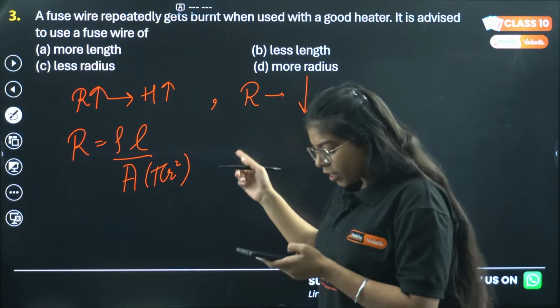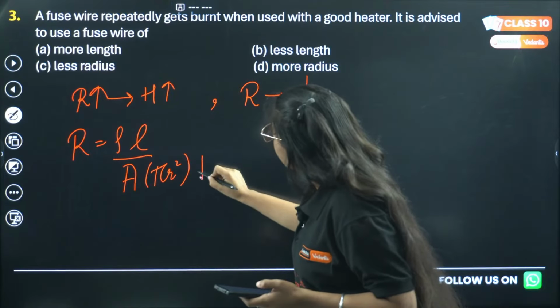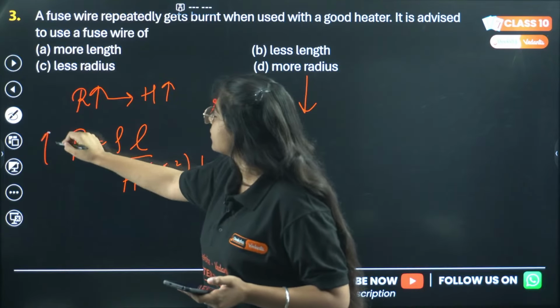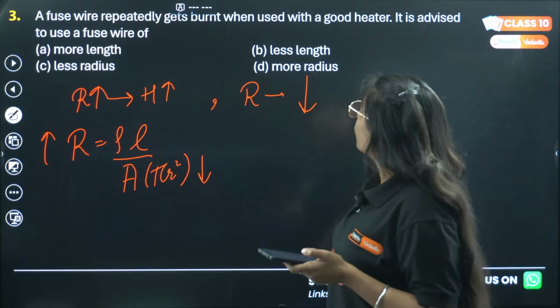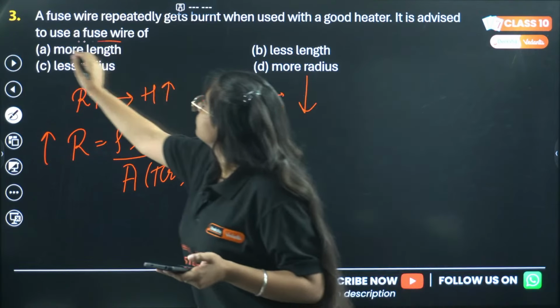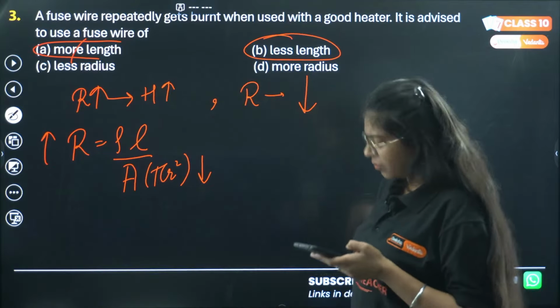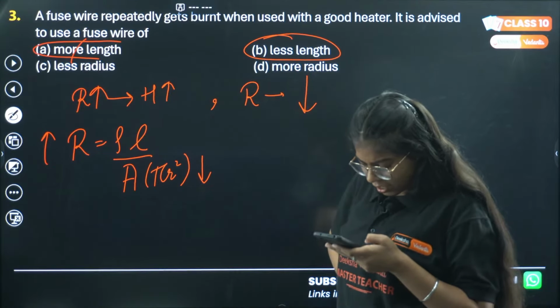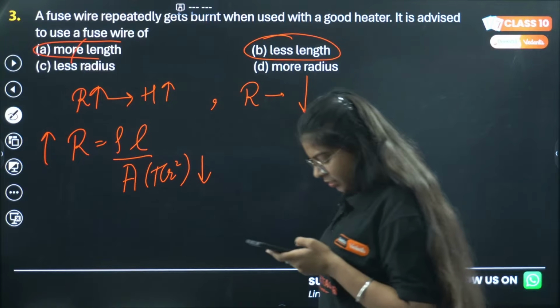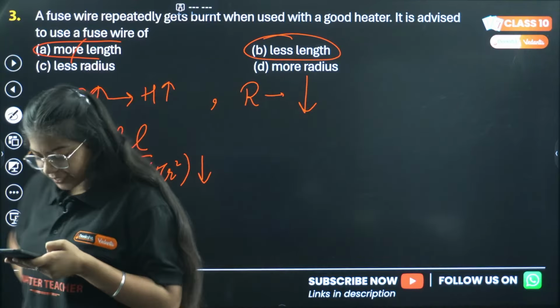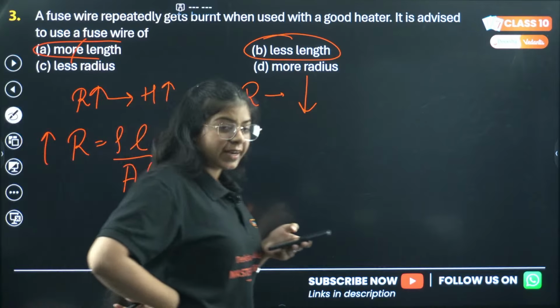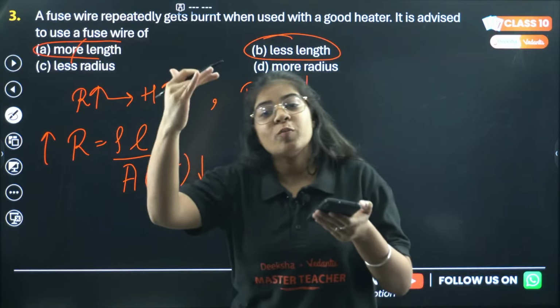So if you are saying less radius means more resistance, I have a question for you. Why not less length? Why are you saying less radius? Less radius, more resistance, more heat. Correct. We want resistance to be low.